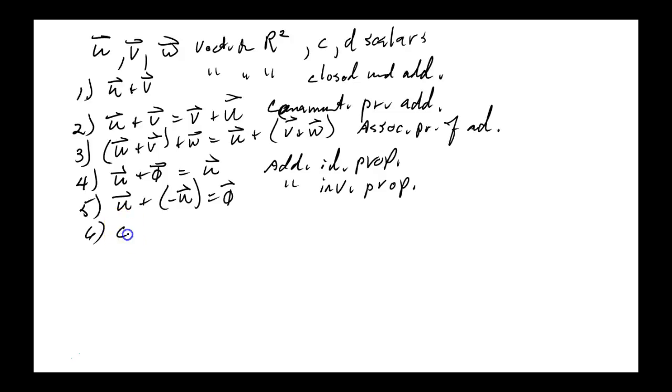Now we say if you multiply C by U, if U is an element in the plane, then CU is also in the plane. And this is closure under scalar multiplication.